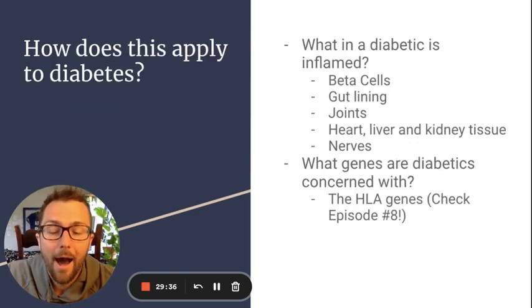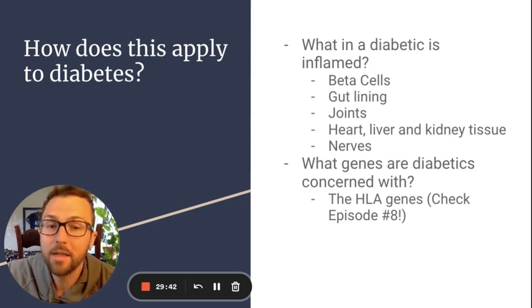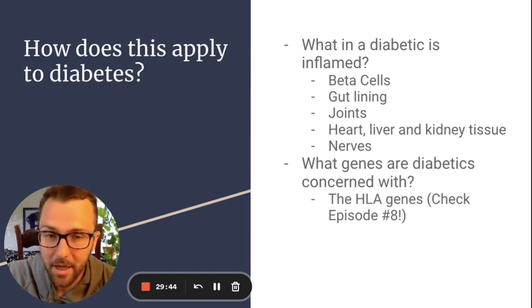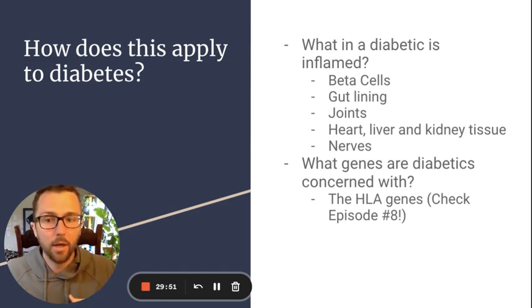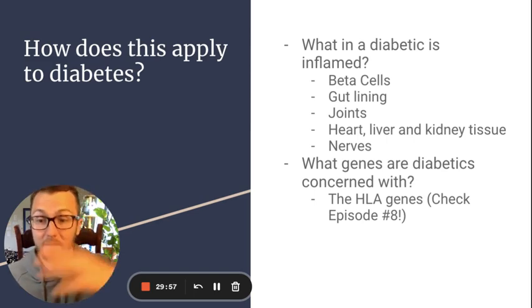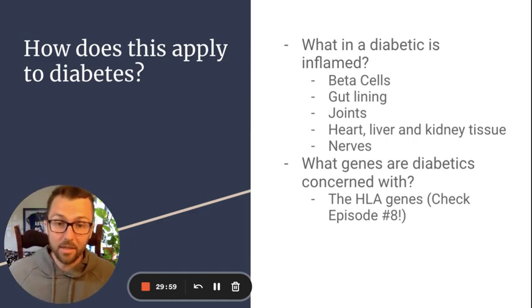So how does this apply to diabetes? Well, how does it not apply to diabetes? So what in a diabetic is inflamed? It's a multi-organ condition, right? The pancreas usually takes the cake because that's kind of like the face of diabetes in terms of its production of insulin and the fact that diabetes is the lack of sensitivity to insulin.